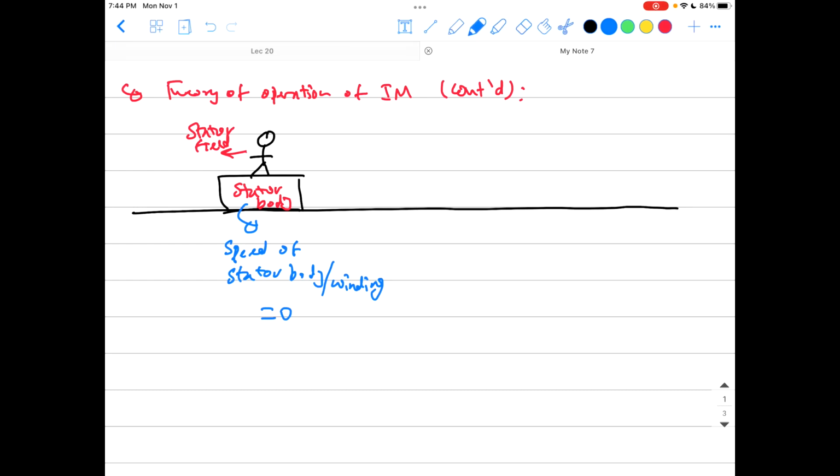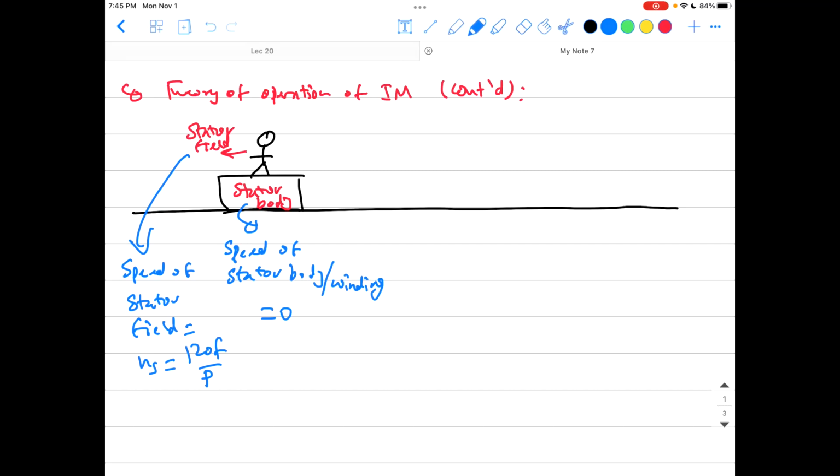But the stator field, like we said, the speed of the stator field equals the synchronous speed Ns = 120 f/P. Like we said before, that's the magic of having a three-phase voltage applied to a three-phase winding: you are creating a rotating magnetic field out of a stationary winding. So the stator winding and body are fixed in position, they're not rotating, but their field runs at the synchronous speed.